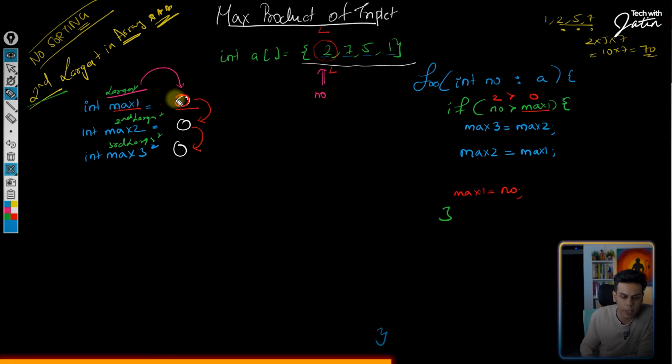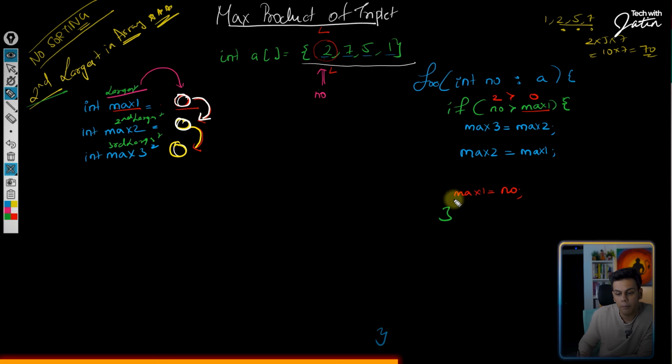So observe carefully. This 0, which was my largest number, will be given to max2. But before this happens, whatever is there inside max2, I'm going to give it to max3. Whatever is there inside max1, I'm going to give it to max2.